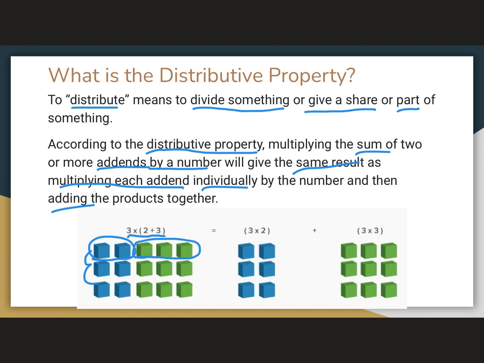You can see here that if you go over to this other side, it's the same as if I do 3 times 2, which gives me 6 boxes, and 3 times 3, which gives me 9 boxes, I still end up with 15 boxes. So it's the exact same.